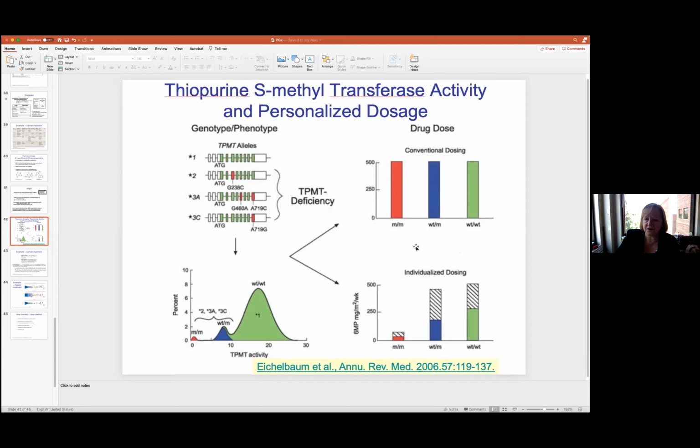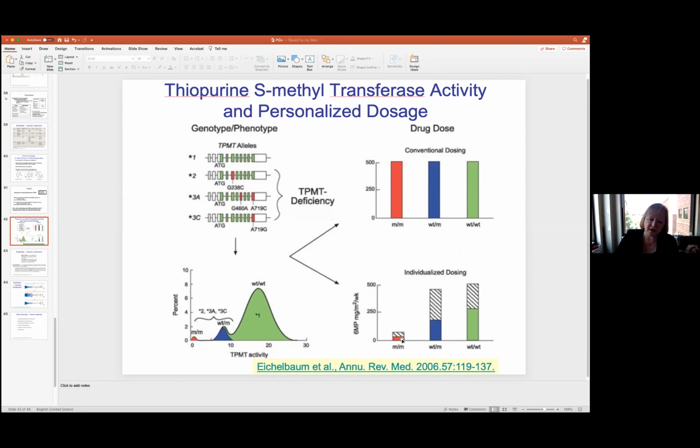So if you were to dose everybody the same, you're going to end up with a poor outcome. When you actually adjust the dosing given the genotype, you can see that a person who has this MM allele, this minimal allele down here that barely has any activity, you would give a much, much smaller dose.